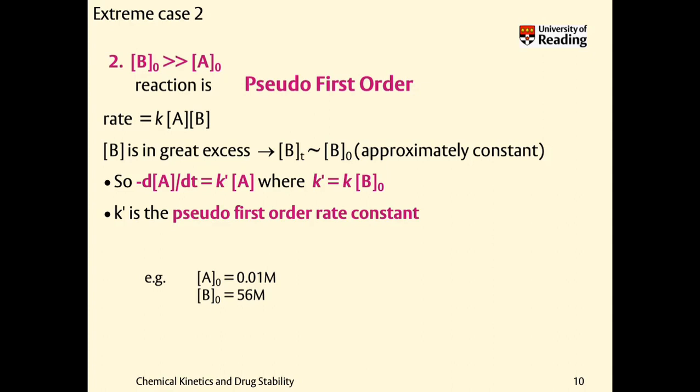In extreme case 2, the concentration of B, or one of your reactants, will be much, much greater than the concentration of the other. So think about this where you have a drug that is decomposing in water. Now you might think, well, water actually in that case does have a concentration. There is a number of molecules of water per litre.